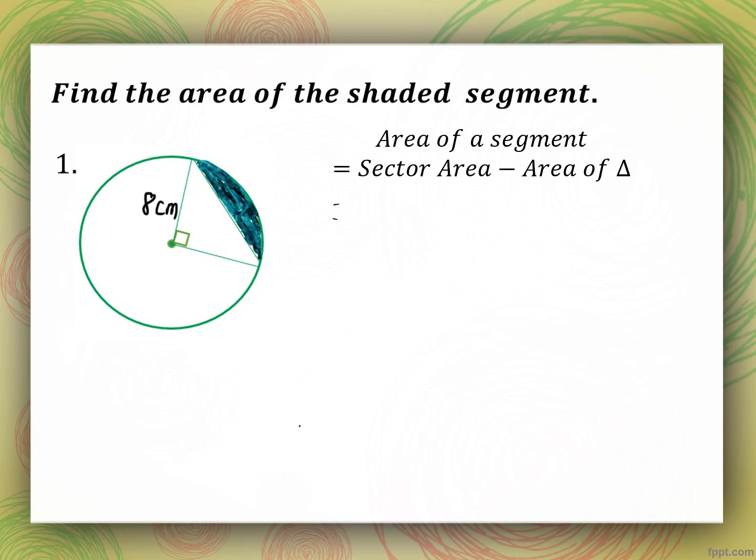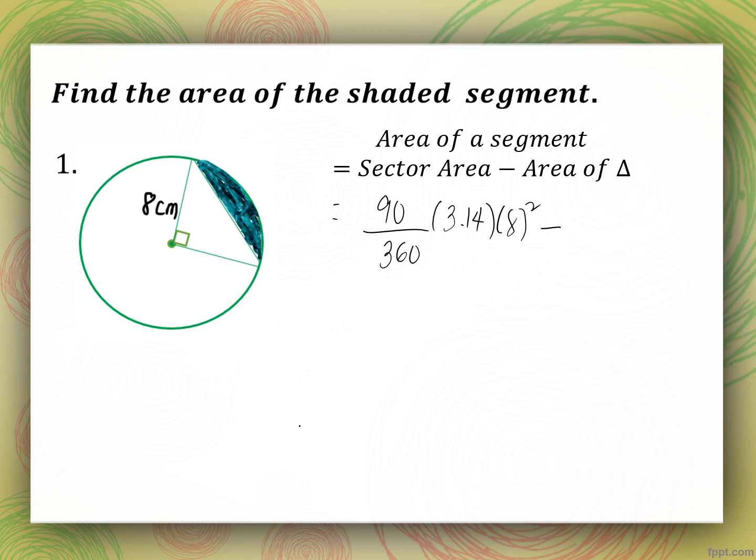The degree measure of the arc here is 90, since it's a right angle, over 360 times pi r squared. For pi, this time I will change it to 3.14. You can also use 22 over 7 if you want to. And then for the radius, we have 8, so we need to square 8. Then minus area of a triangle. We have here a right triangle.